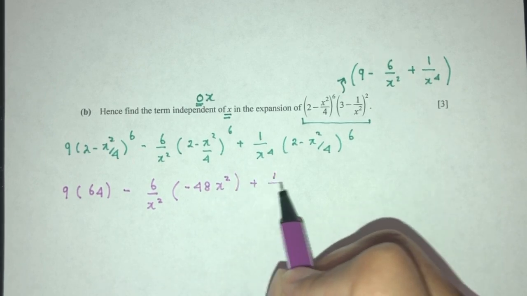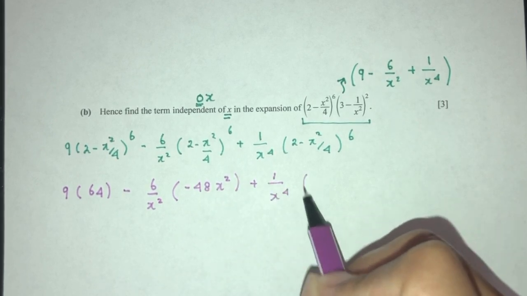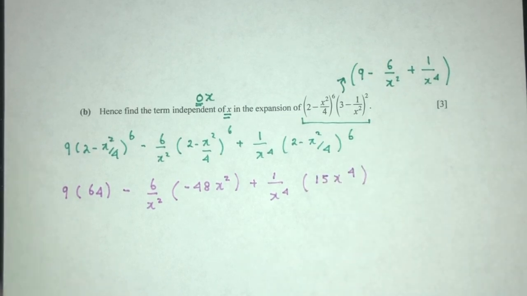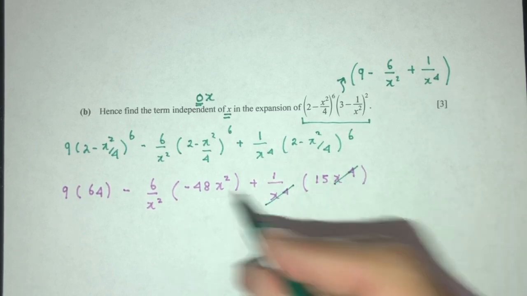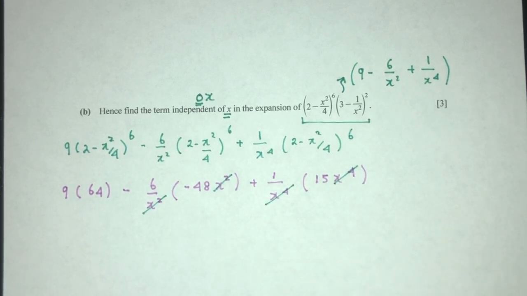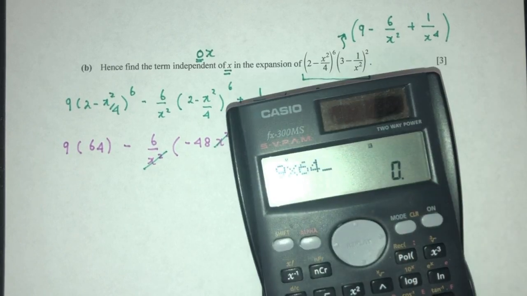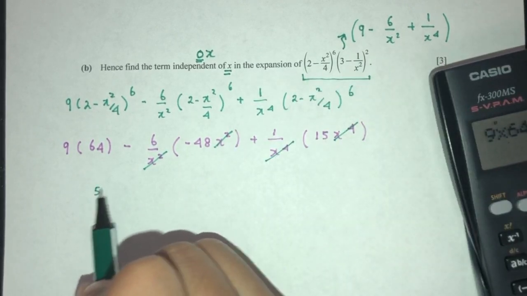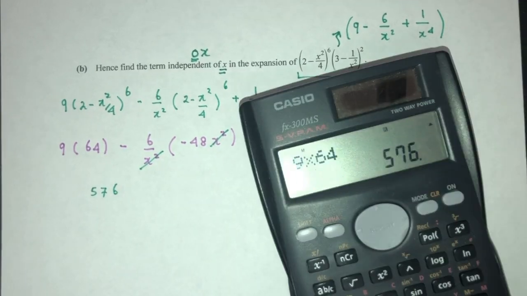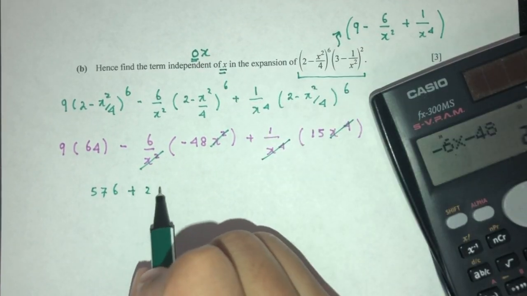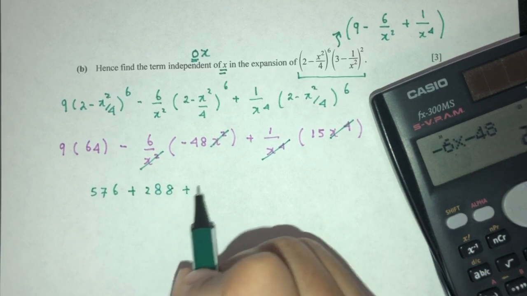And the same thing here, 1 over x power 4. We have to choose the one with the term in x power 4. So we can cancel out these, and these. So we end up with the term with no x. That will become 9 times 64, that should be 576. Minus 6 times minus 48. That will be this plus 15.